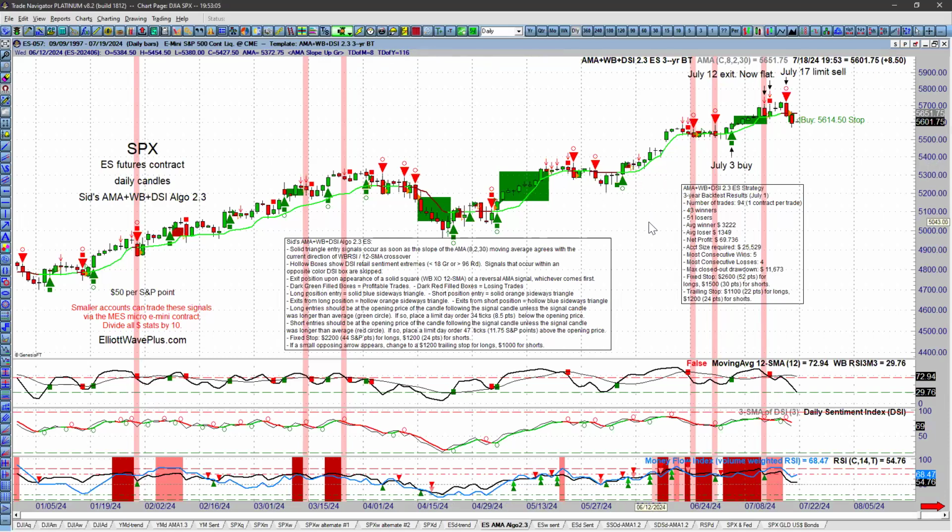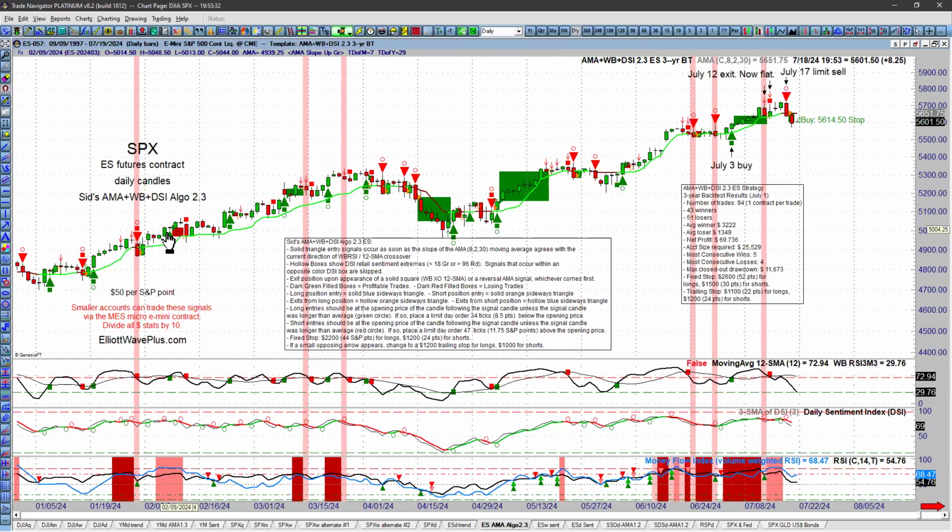Well, you'll notice something. There was a period of time where the momentum algo, even when the S&P was moving up in a straight line from January of 2024 through late March of this year, wasn't able to really make any money.